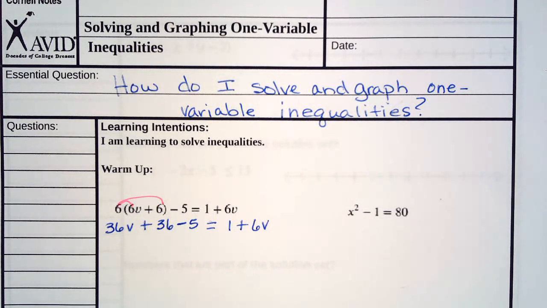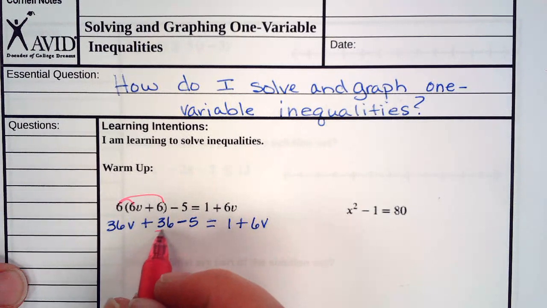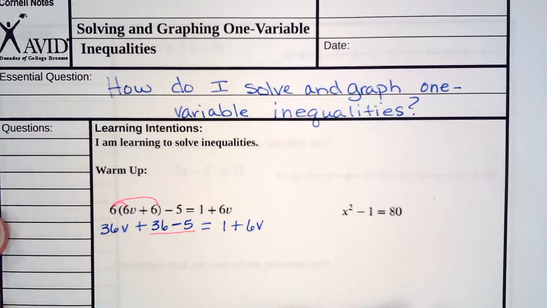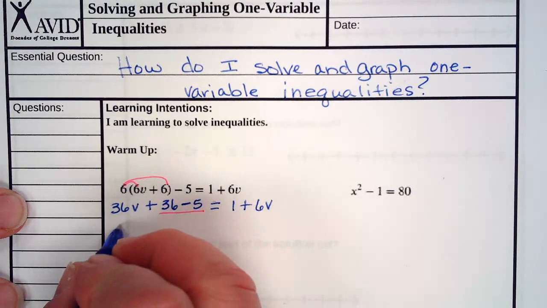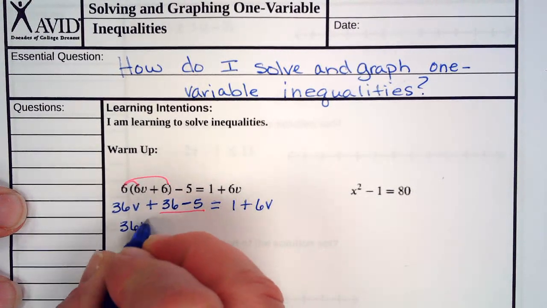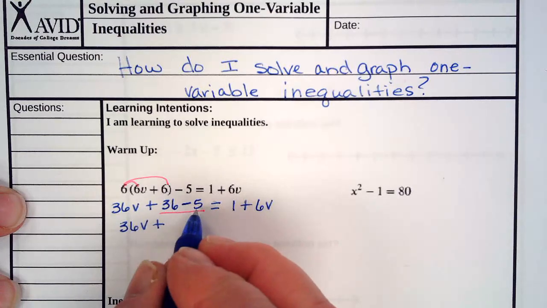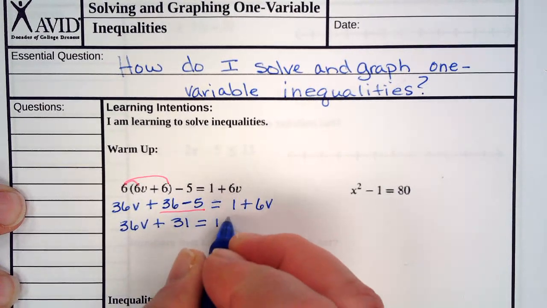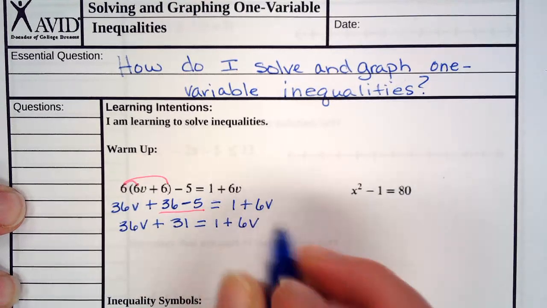Okay, next step, we have to remember that we have got to simplify both sides of the equation. So we will be working with 36 minus 5. 36v plus 36 minus 5 is 31, is equal to 1 plus 6v.